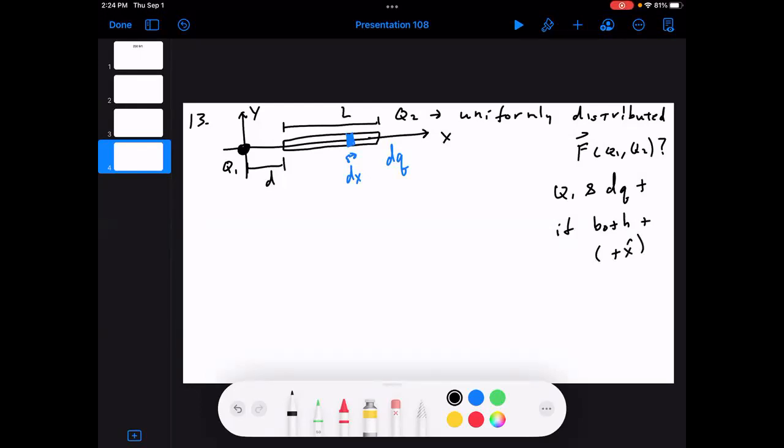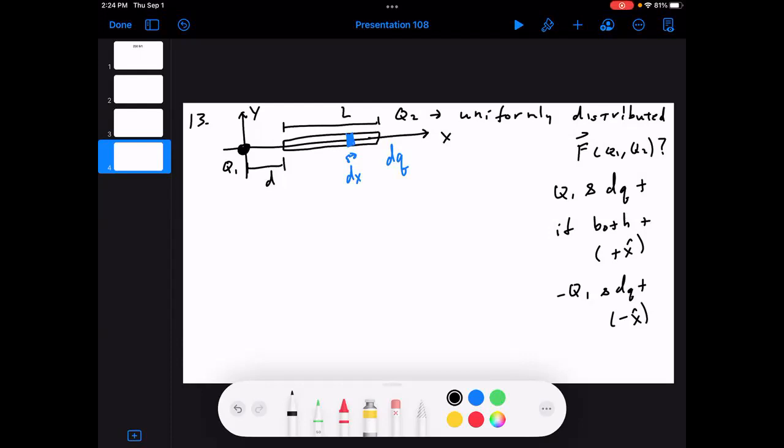What if one's negative? What if Q1 is negative and dq is positive? Which way will dq be pushed? Okay, I'm not entirely sure this problem says what the charges are in either one, but that's what it is, just in case.